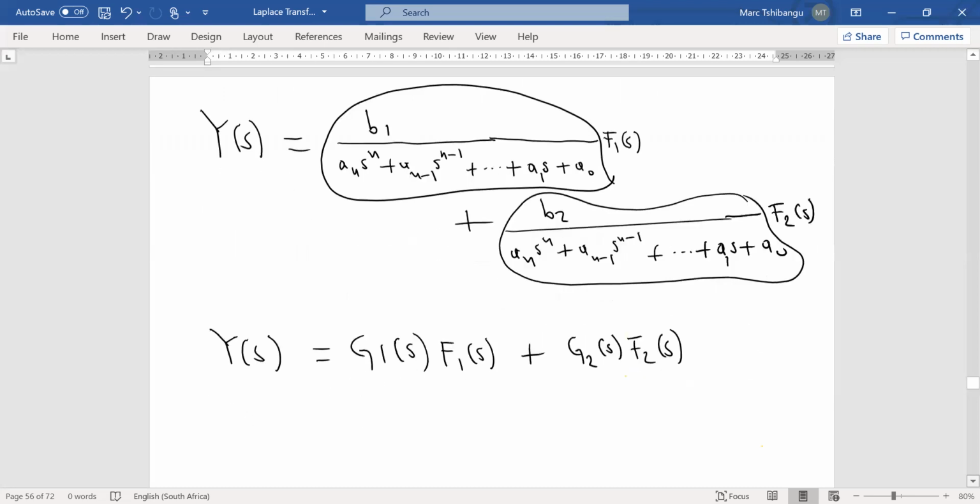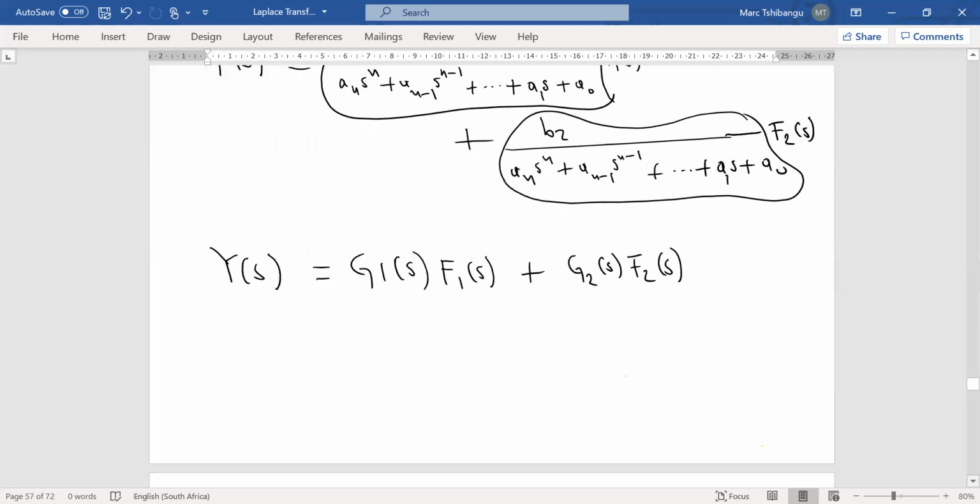So now, what is the block diagram of this model, of this process? Remember that we've got two input variables. We've got F1(s) and F2(s). Each input goes into a transfer function.